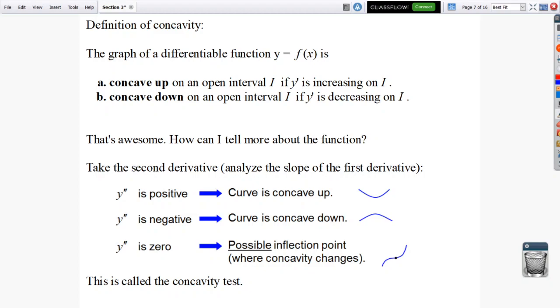So if y double prime is positive, the curve is concave up. If y double prime is negative, the curve is concave down. If y double prime is 0, it's possible that's where the concavity changes, and that's what we call an inflection point. But we'll get back to that in a little bit, and this is called the concavity test.